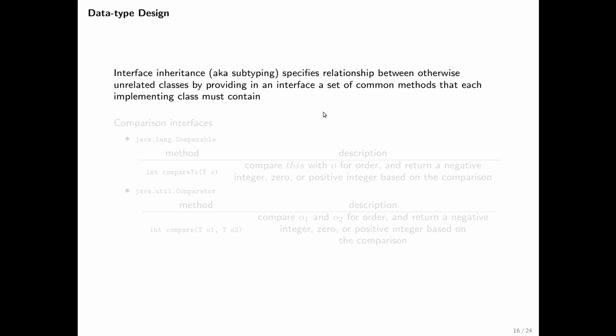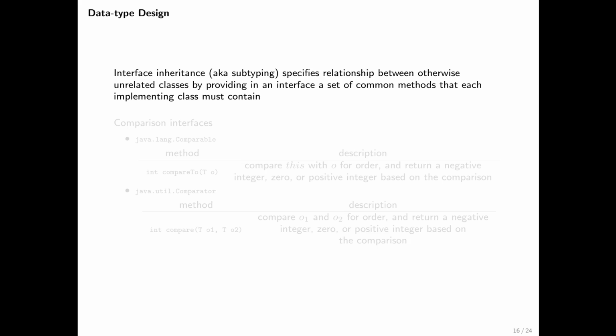So it's the interface that specifies any common functionality between these seemingly unrelated classes. For example, you might have two abstract data types, one called counter to keep track of counts, and another one called, let's say, student for representing a student in a university.